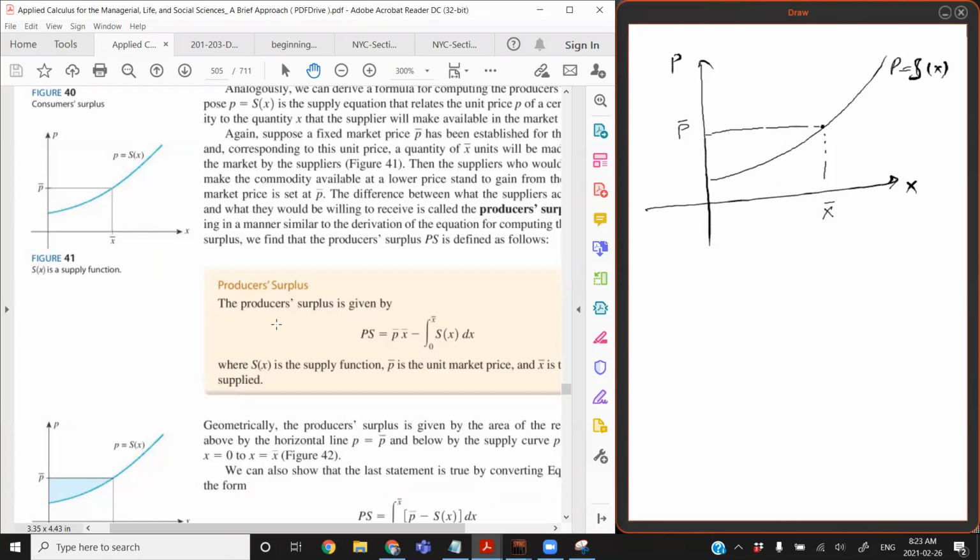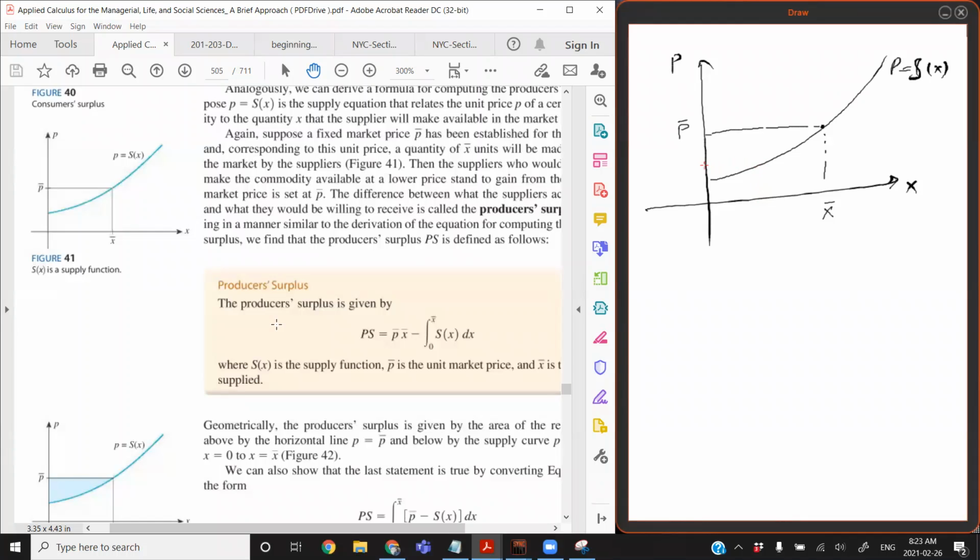And the logic of this curve is that for higher prices, producers will supply more. So higher prices are associated with bigger X values, and lower prices are associated with smaller X values.